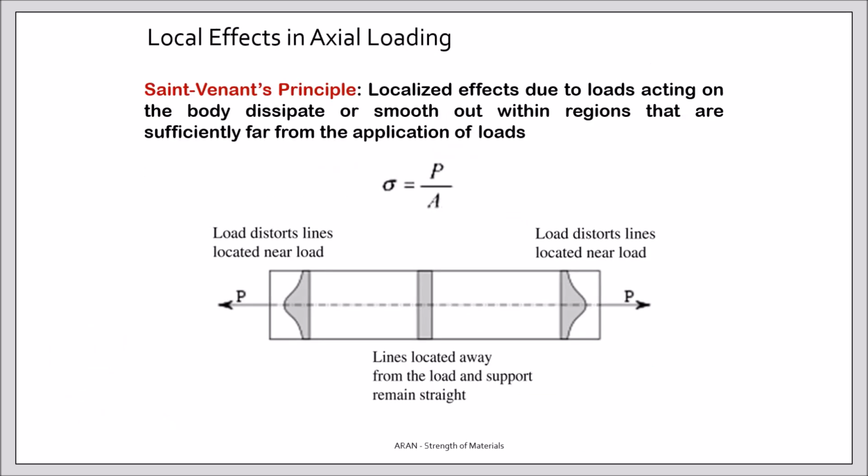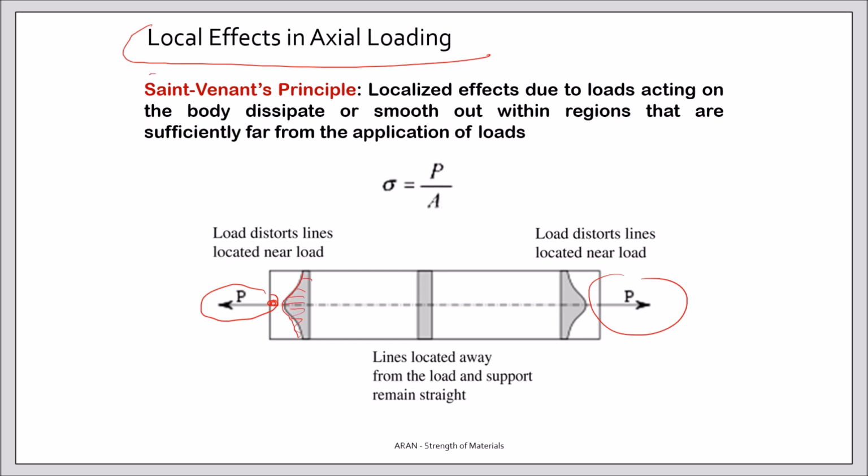We can also consider the local effects of axial loading. If you have a load acting on both ends, near the load, we see that the distribution of the stresses is not uniform. They are distorted.